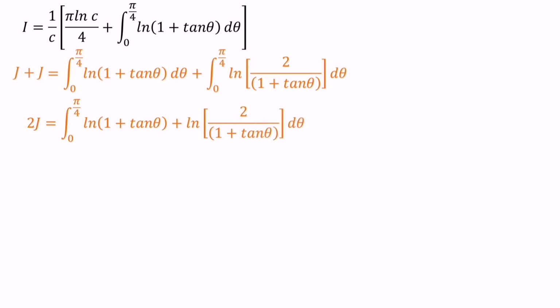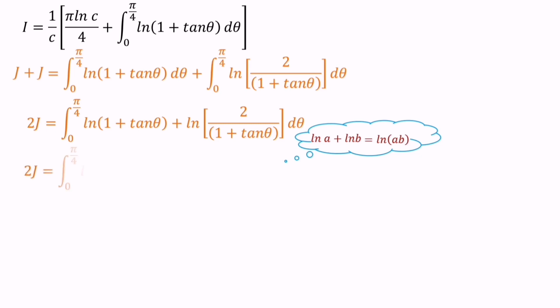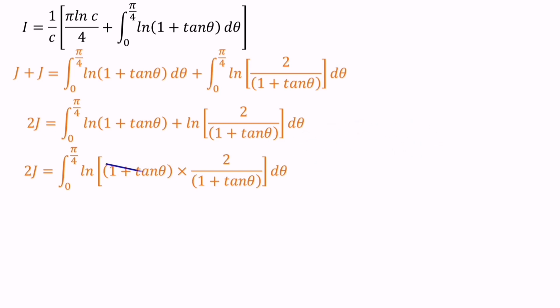This is just like ln a plus ln b. We know ln a plus ln b equals ln a times b. So in here we can write ln of 1 plus tan theta times 2 over 1 plus tan theta. 1 plus tan theta is just like simple a, and 2 over 1 plus tan theta is just like b. After that, we can cancel out the numerator 1 plus tan theta and the denominator 1 plus tan theta. Now we have ln 2.